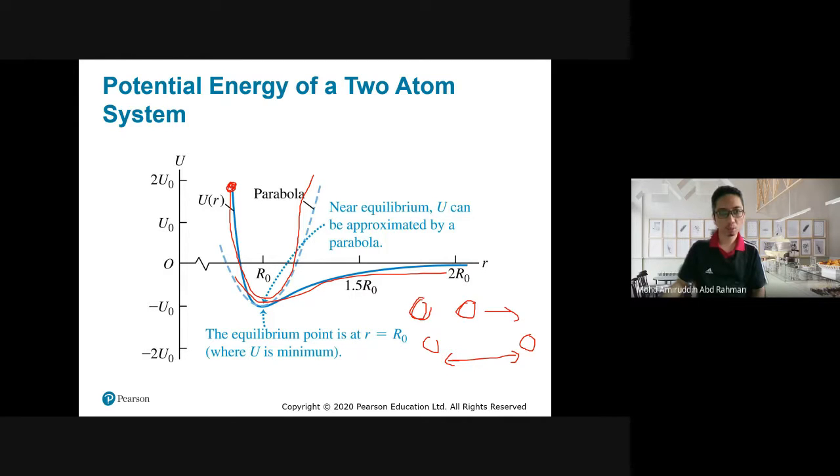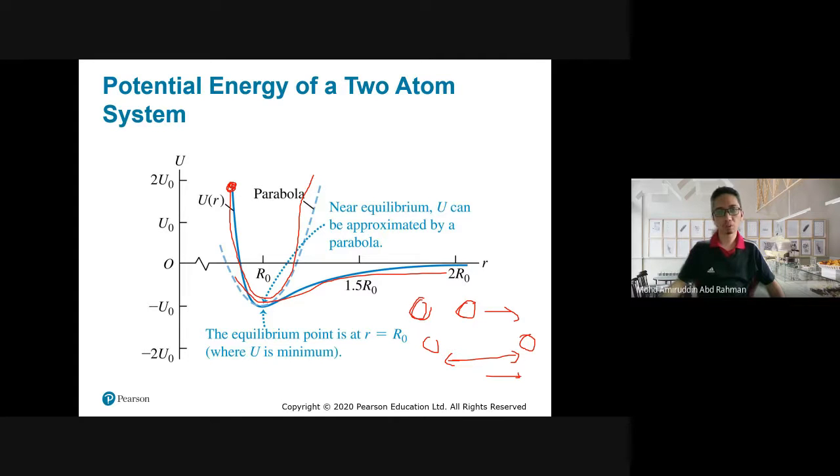So it means that the potential energy at this location is at the lowest, and then it will increase once it is pulled apart to a higher distance, and then it will become zero.